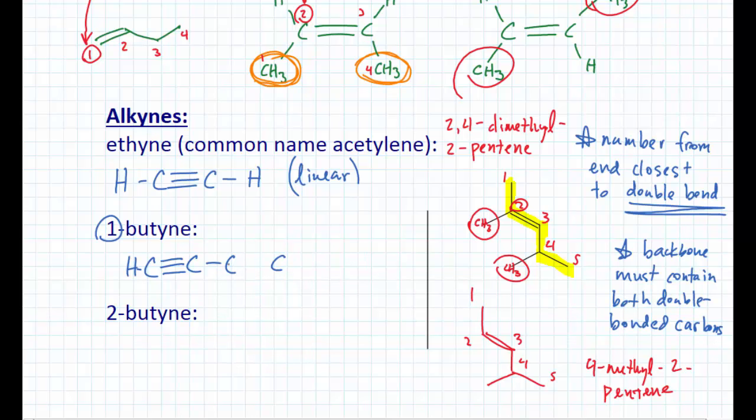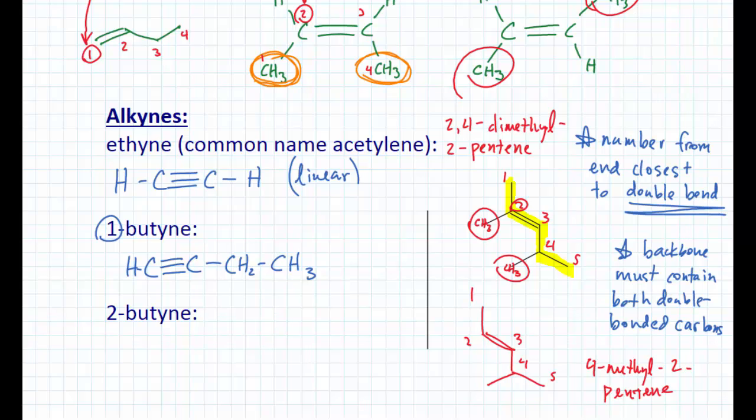How many H's would be on carbon 3 here? Yep, so let's call that CH2. And then carbon 4, CH3. Yeah, so there's 1-butyne.